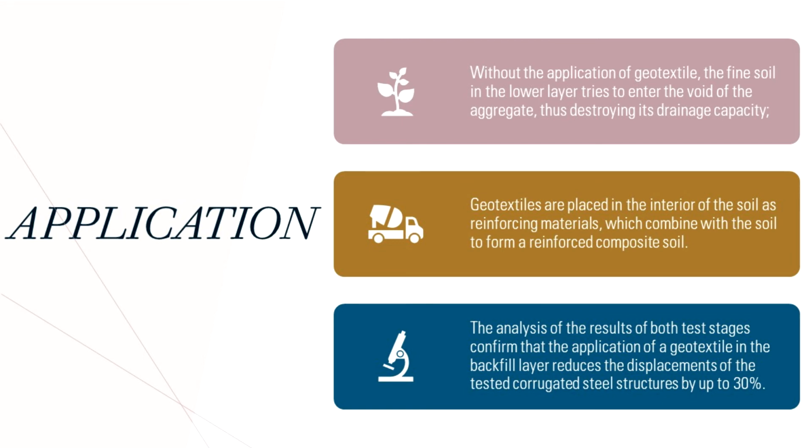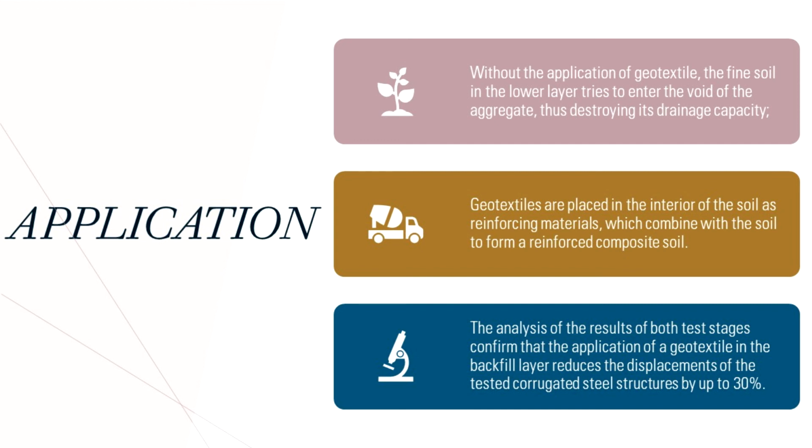First, without the application of geotextile, the fine soil in the lower layer will enter the voids of the aggregate, thus destroying its bearing capacity. Second, geotextile is placed in the interior of the soil as reinforcing material, which combines with the soil to form a reinforced composite soil.